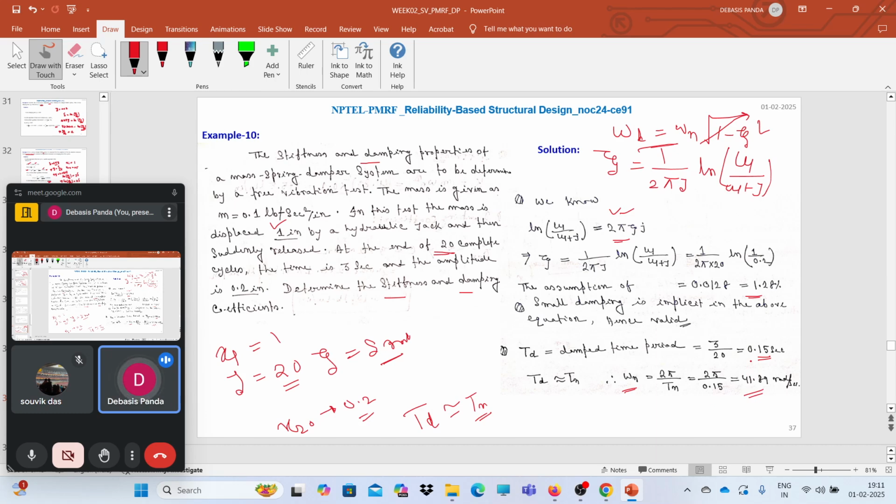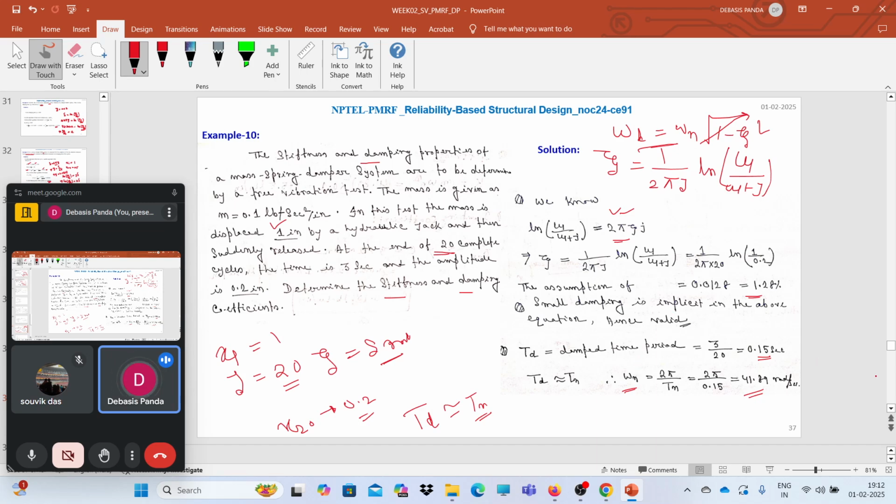Now how can we find out the stiffness and also the damping coefficient c? They have not asked for zeta, they have asked for c. So how can we calculate it? We have the omega n value, right? We have the 20 cycles here.